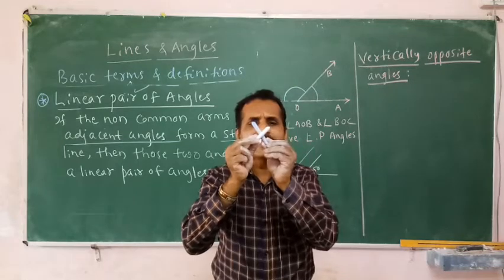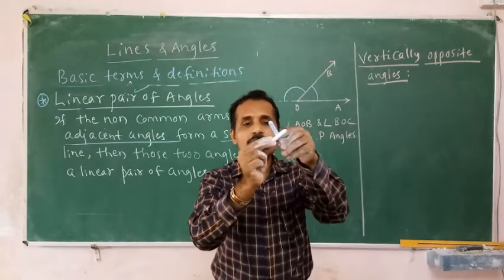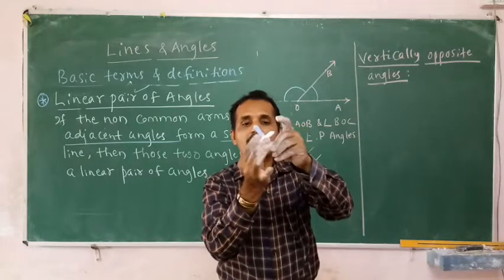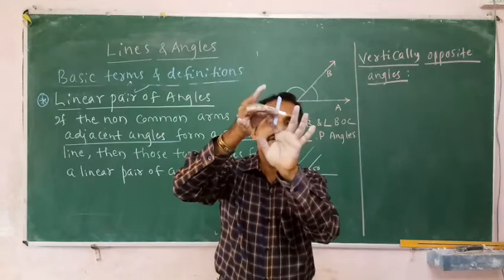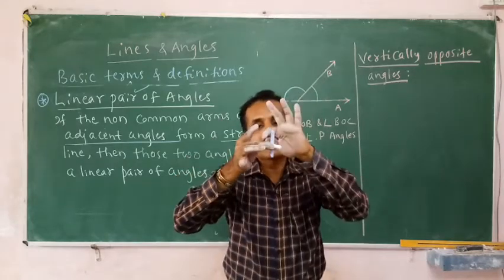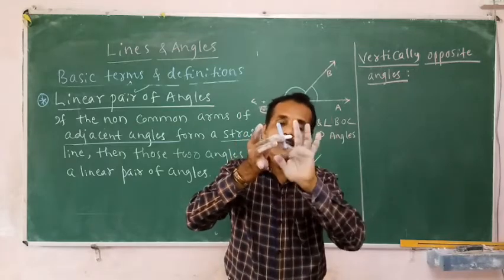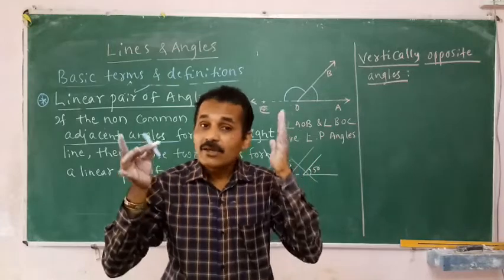When two straight lines intersect, the angles opposite to each other are called vertically opposite angles. These are also called vertically opposite angles, and these are also called vertically opposite angles. We can say two pairs of vertically opposite angles are formed.